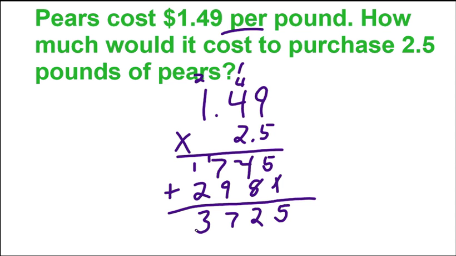I didn't pick the best numbers for this problem because now when we count our digits, we got 1, 2, 3 digits to the right. So my answer has to have 3 digits to the right. So that doesn't work out exactly to a money number.